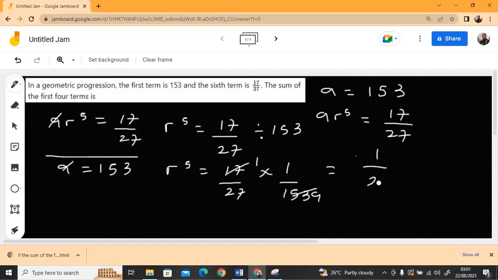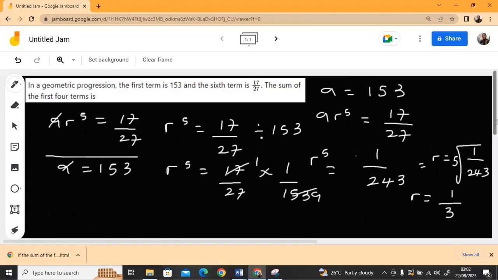It's r raised power 5, if you can recall, so this 5 now comes here as the fifth root: r equals the fifth root of 1 over 243. What number multiplied five times gives us 243? It's 3, so r is 1 over 3.